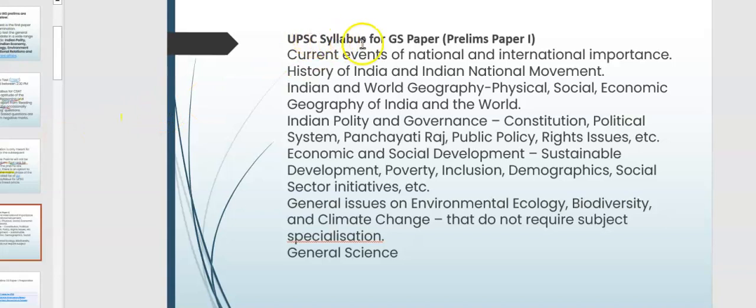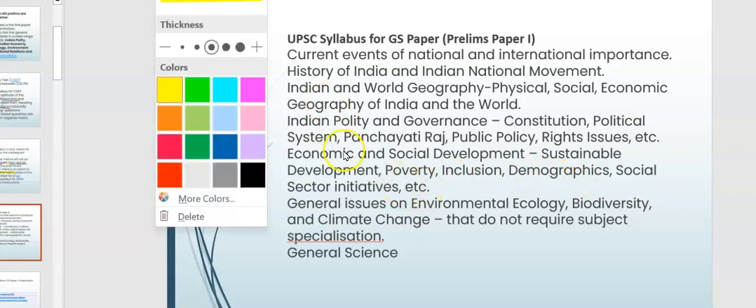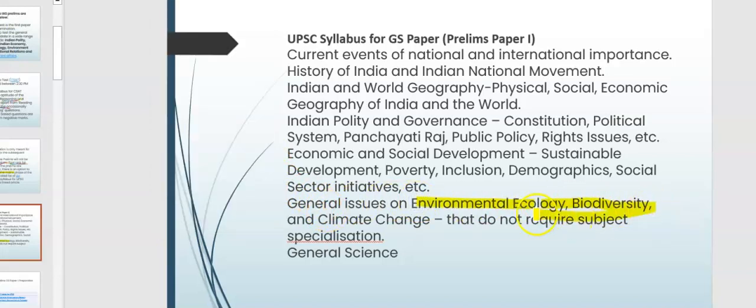UPSC syllabus for GS paper. Current events of national and international importance, history of India and Indian national movement, Indian and world geography, physical, social and economic geography of India and the world, Indian polity and governance, constitution, political system, panchayati raj, public policy, rights issues, etc., economic and social development, sustainable development, poverty, inclusion, demographics, social sector initiatives, etc., general issues on environmental ecology, biodiversity and climate change that do not require subject specialization.